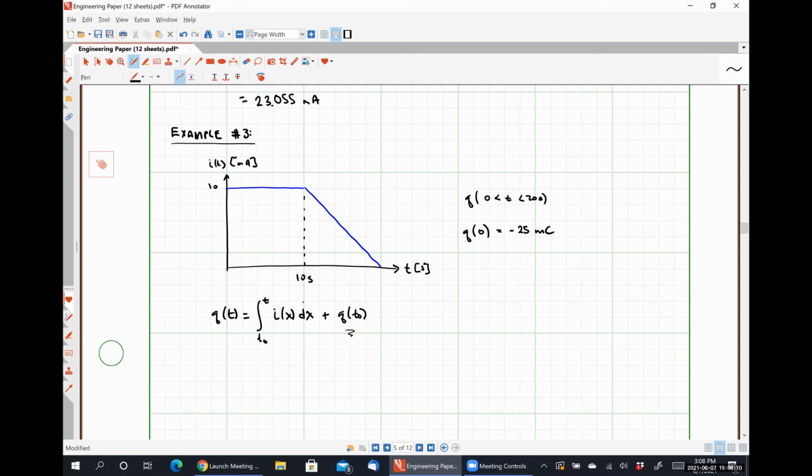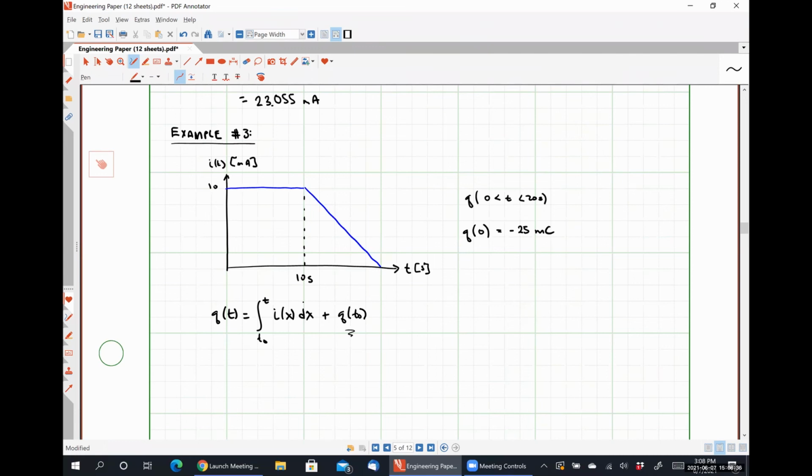It just represents an initial condition on the system, so we do not integrate it. Now, I have the means by which to set up this integral, right? I have a piecewise function that I could use to describe my current waveform. I could substitute that in. I know what the initial condition on my element charge is. However, that would be the most complicated way to solve this problem.